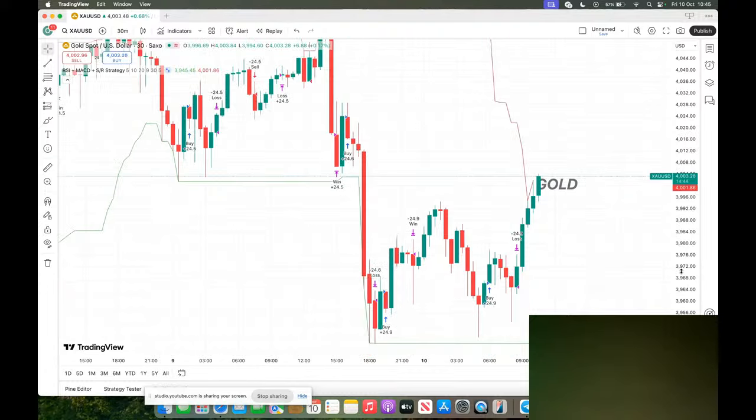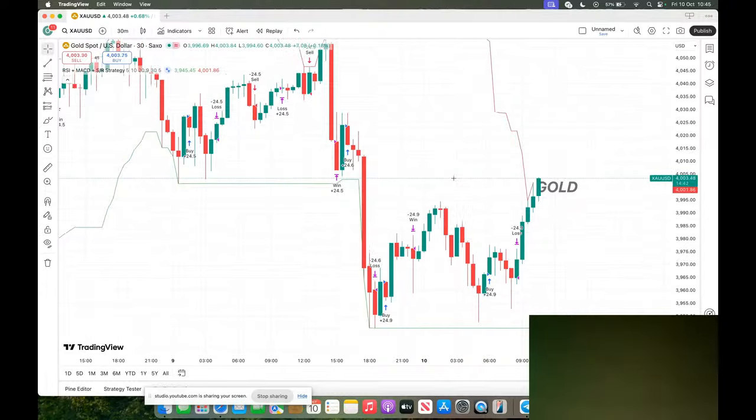Is gold bullish? Okay, it just broke out of here. So we have this, right?